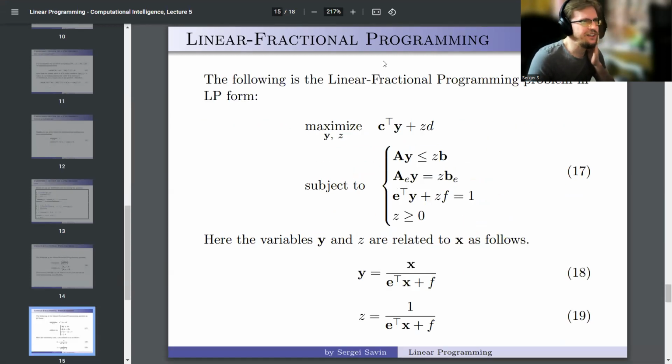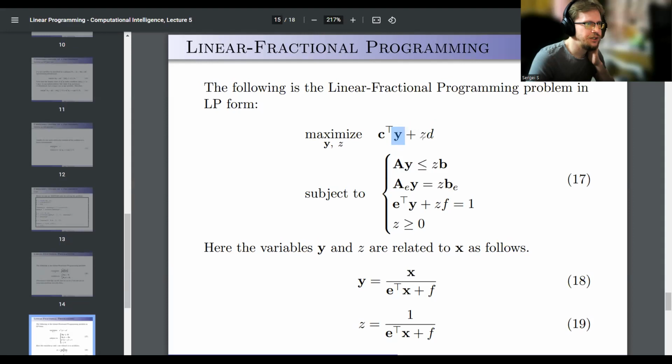The way to make it linear is to introduce a change of variables. So we introduce variable y, and we introduce variable z. What is y? Well, y would be equal to x over ex plus f. What is ex plus f?